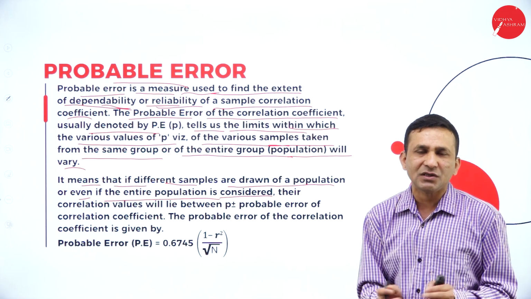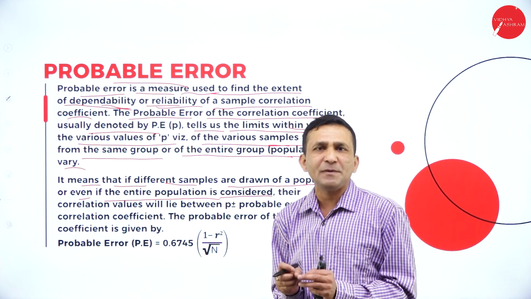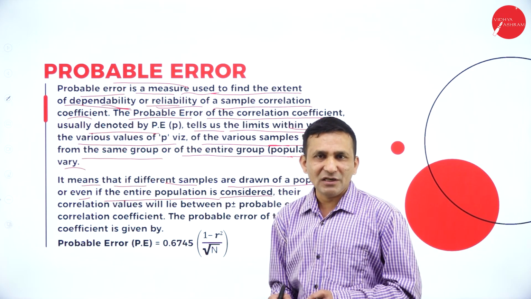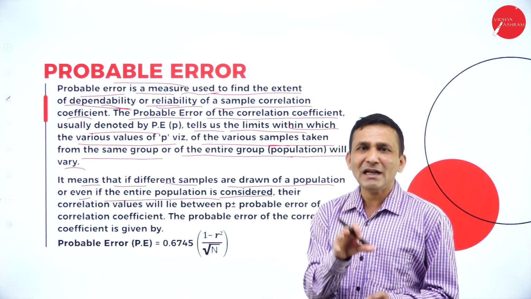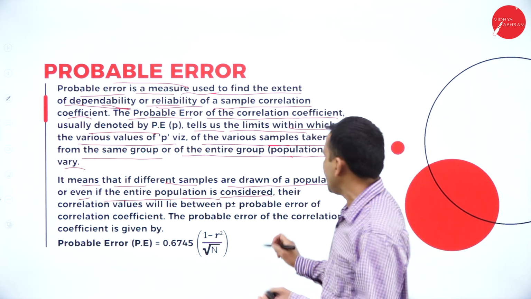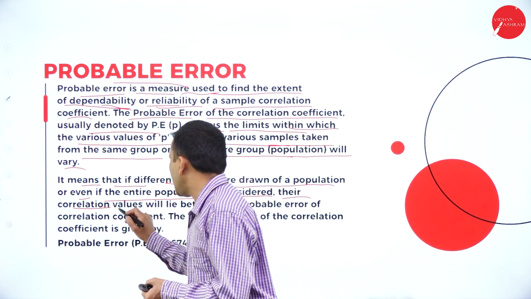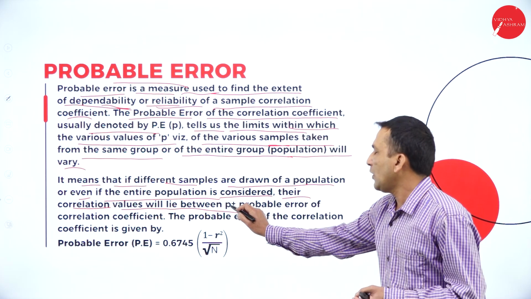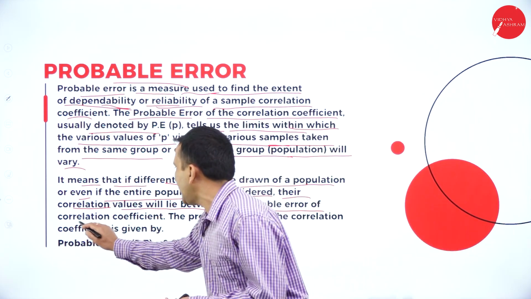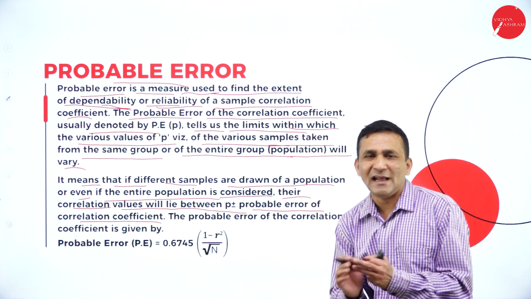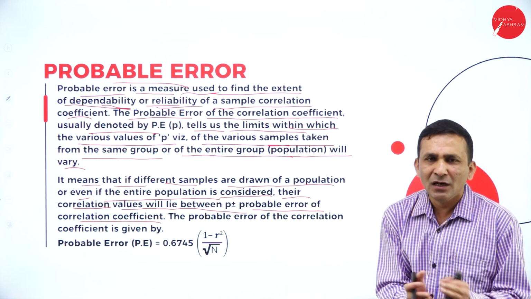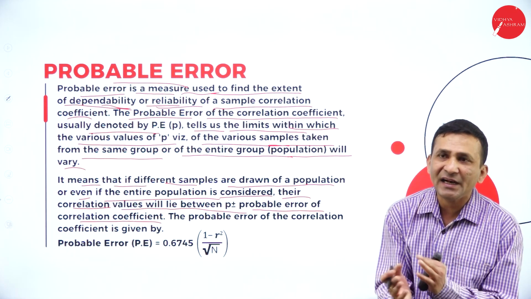When conducting an experiment or survey, we cannot select the entire population, so we select a random or selected sample. Their correlation value will lie between plus or minus the probable error of the correlation coefficient.